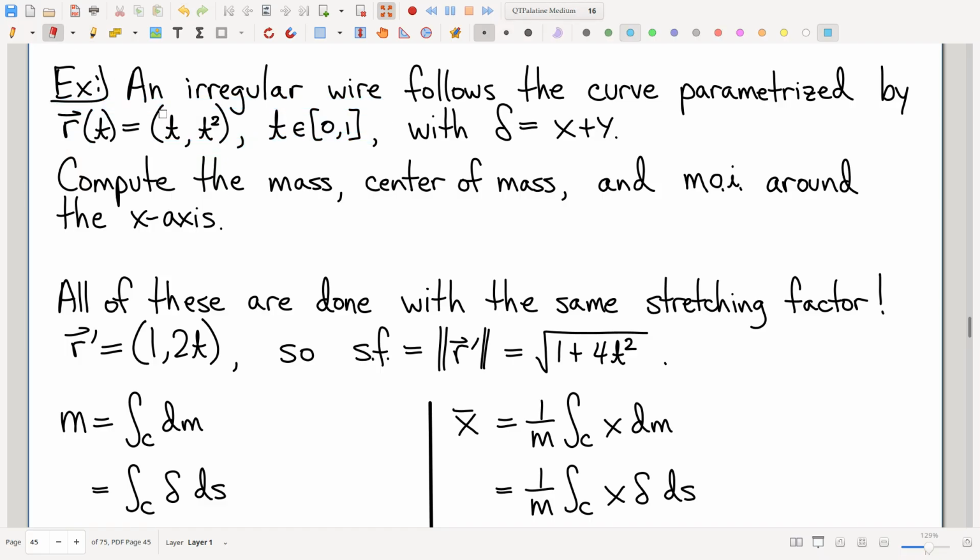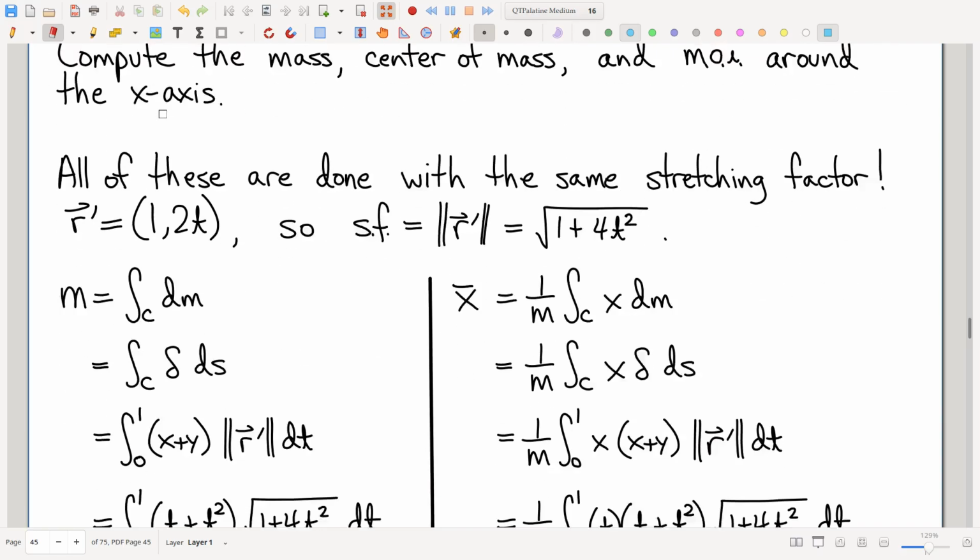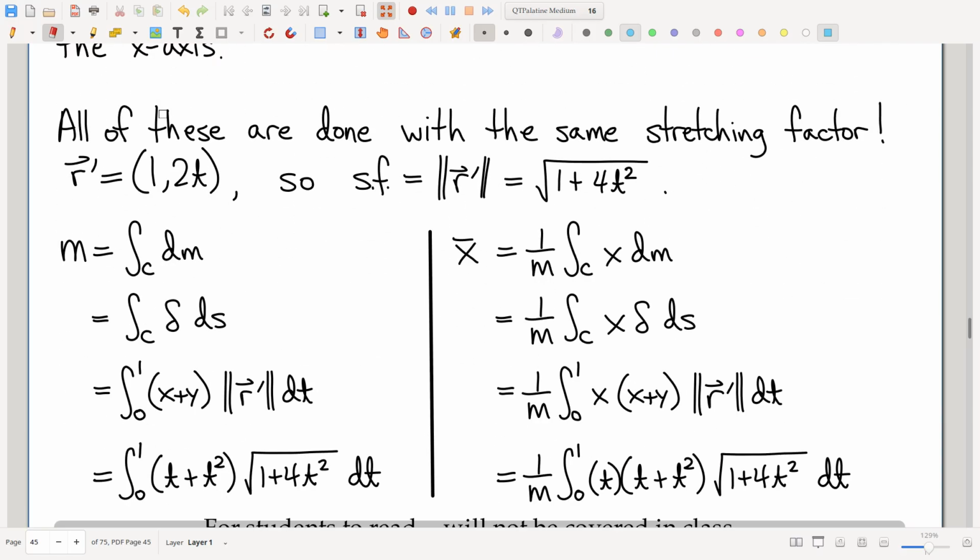So anyway, parameterization given. So great. Let's plug and chug at this point. Now the first things I'll do, let's talk about just these two parts of the calculation, right? So there were several questions. I'm going to talk through how to compute the mass and how to compute the x-coordinate of the center of mass. We have generic expressions. Mass is itself an accumulating quantity. The whole is the sum of the parts.